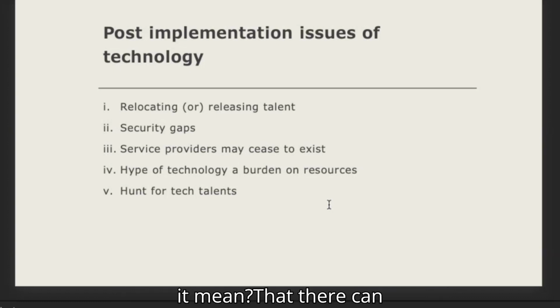So what does it mean? That there can be a laying off. See, many employees are afraid of the AI tools, where artificial intelligence has come into being.